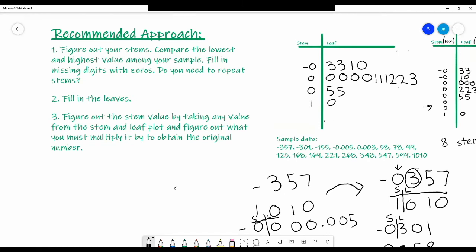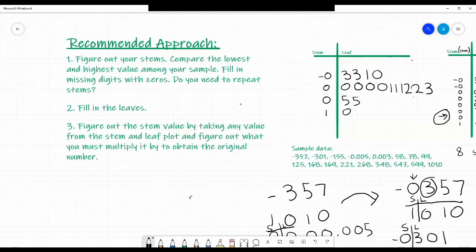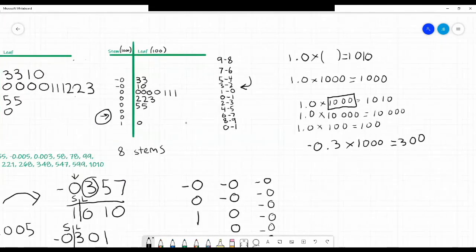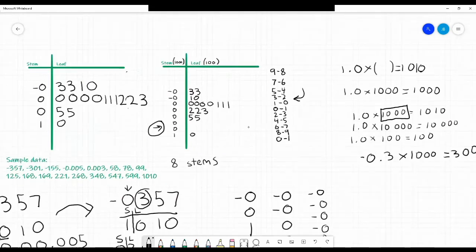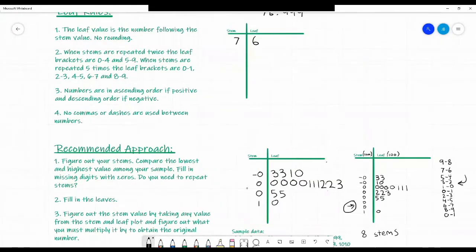We leave stems in the middle that are empty like we saw in our example right here. These 2 stems are empty, but we leave them anyways. Finally, we figure out the stem value by taking any value from the stem and leaf plot and figuring out what you must multiply it by to obtain very close to the original value. This concludes our video for the stem and leaf plots.